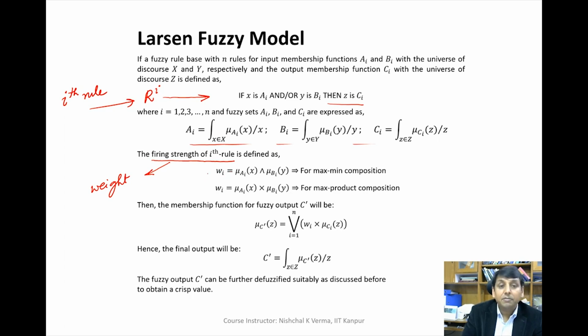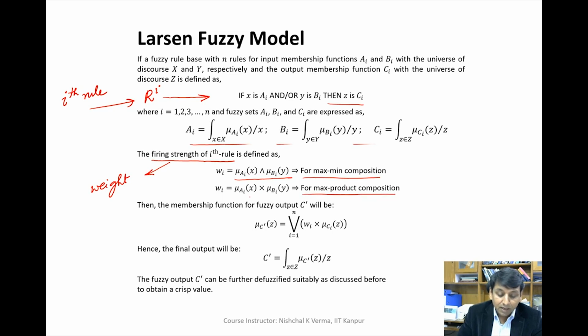For the first rule we will have W1, as we wrote in the case of Mamdani. Wi we can find by simply taking the min of the corresponding membership values of these two antecedents, and this we could find by the points of intersection. So we can have max-min and then we can have max-product.